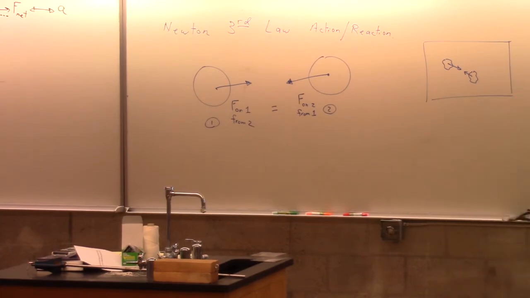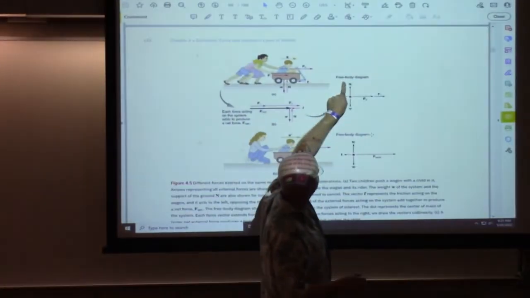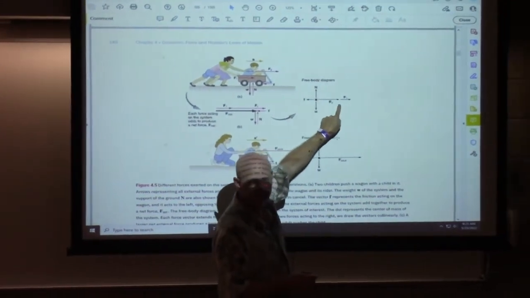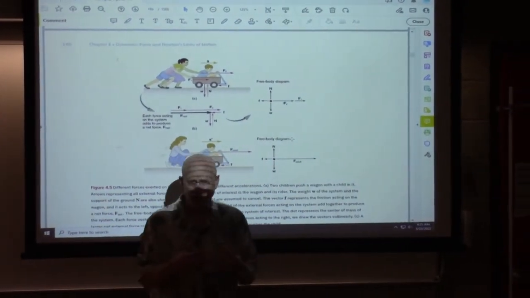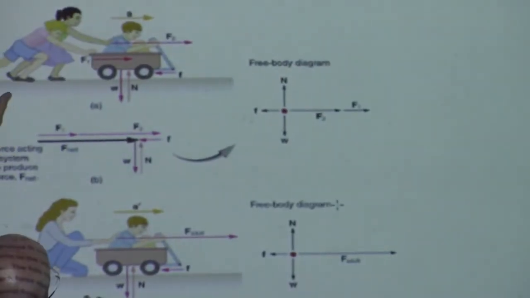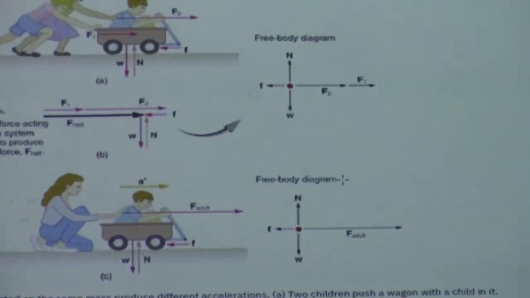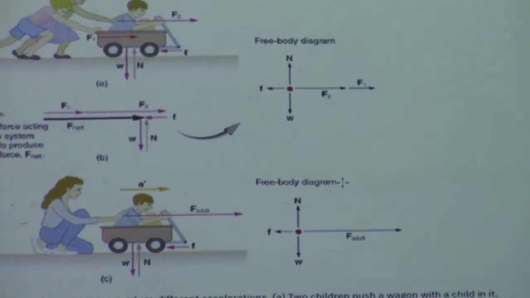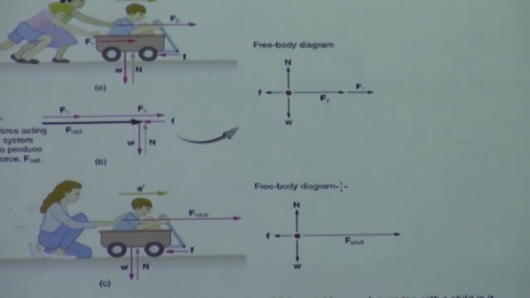And so that's what's illustrated with 1 and 2, and that's what's illustrated in what we call the free body diagram, force 1 and force 2. We're going to add those together. Those are actually on the boy. There might be something else the other direction. Now, those forces alone don't determine the motion of the boy. The motion of the boy is determined by all the forces. So what else is acting on the wagon and the boy?